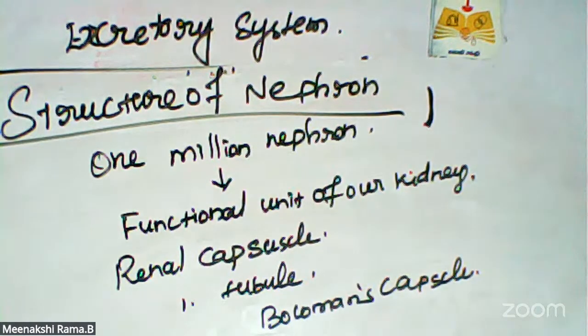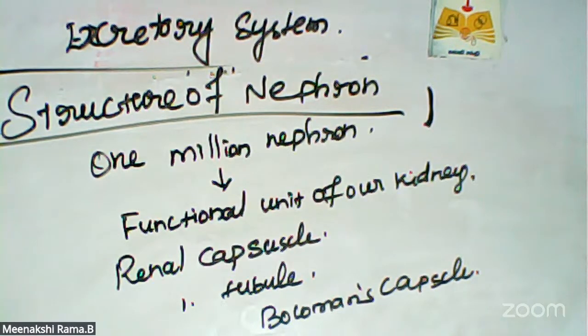So in that there is a bunch of capillaries called glomerulus. Blood enters the glomerulus through the afferent arteriole and leaves through the efferent arteriole. So the Bowman capsule also continues into the renal tubule.